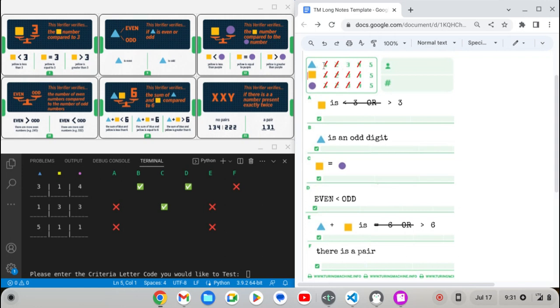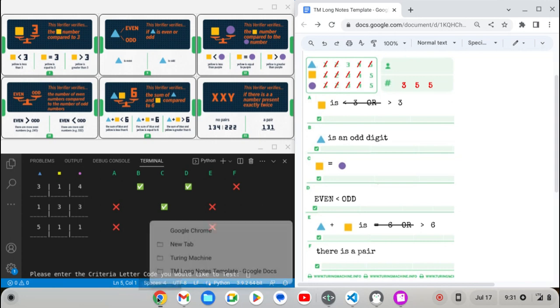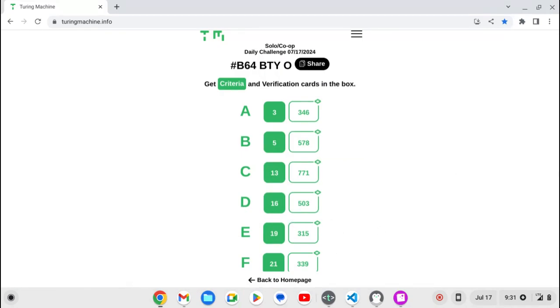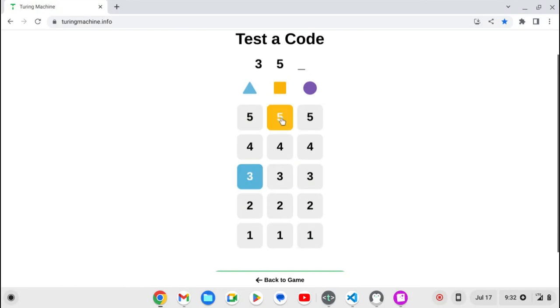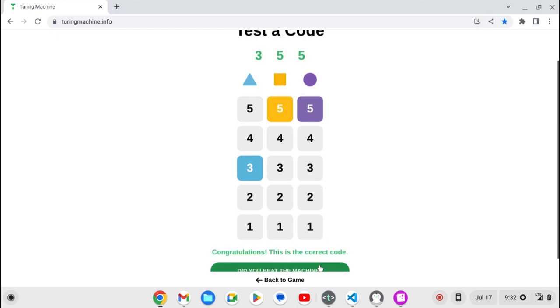And it couldn't be a 5 because of the pairing. And so yeah, the solution should be 3, 5, 5. Okay. And so I think we're pretty clear on here. So let's just go straight to turingmachine.info and verify the solution. So 3, 5, 5.